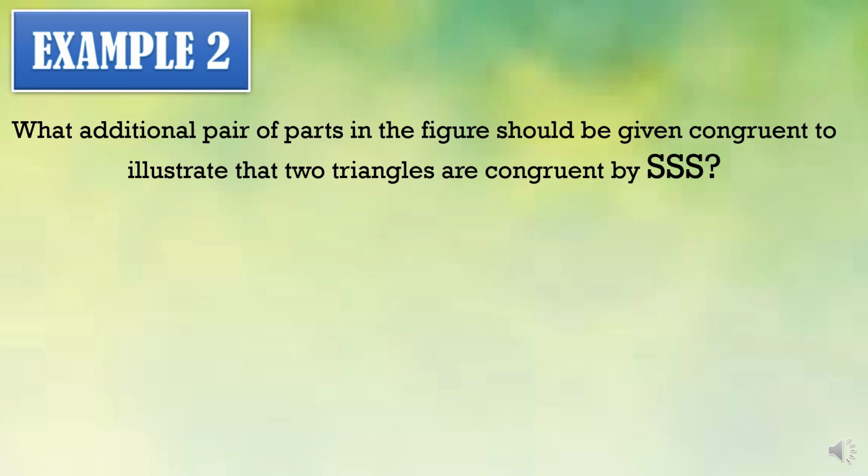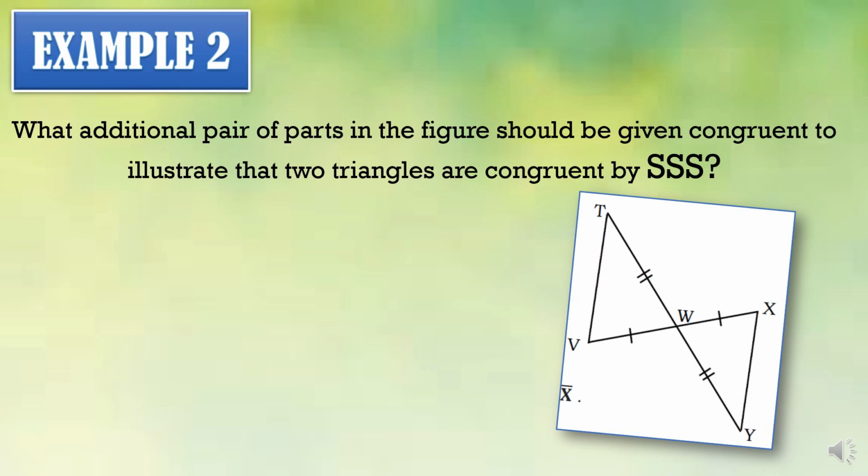Let's take another example. What additional pair of parts in the figure should be given congruent to illustrate that two triangles are congruent by SSS? It means all sides are congruent. I guess you have already a clue. Okay, guided by the special markings, we can say that line segment TW is congruent with the line segment YW.